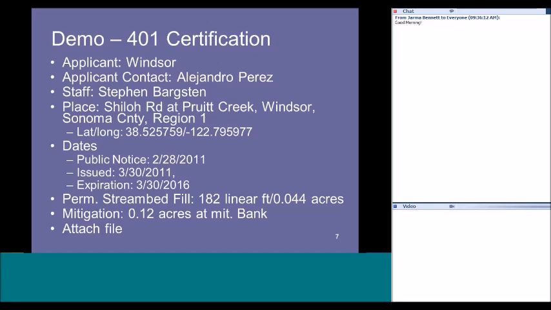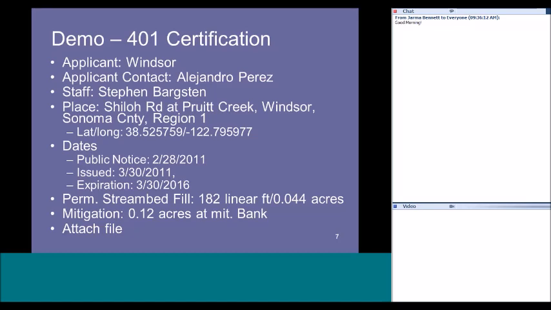In this case, it's the town of Windsor. And then we have the applicant contact. That's a person that's also considered a party. Step back a second. Parties in CWICs are either persons or organizations. And so our first one, the applicant, is an organization.